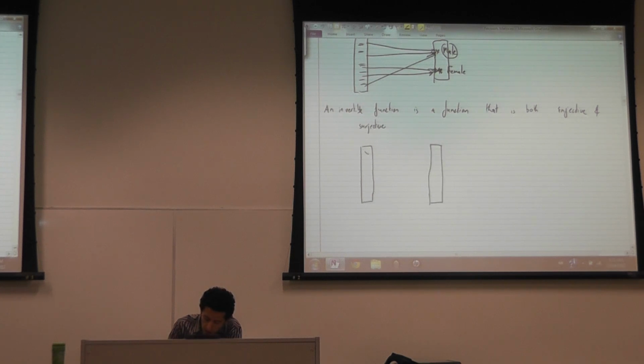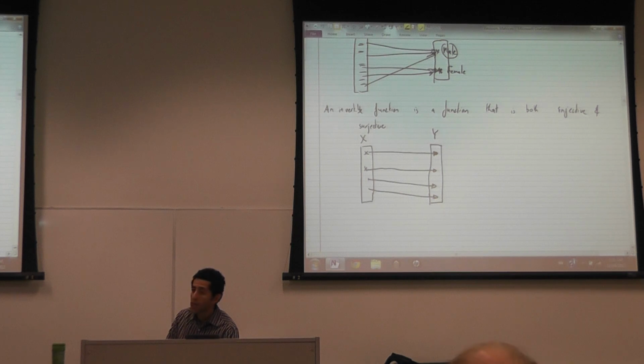For every element here, there is one unique element in y, that's injectivity, and for every element in y, I can trace it back to an element in x, that's surjectivity.